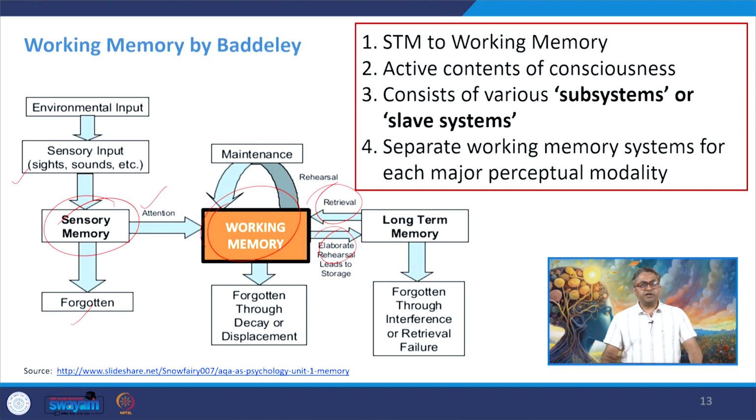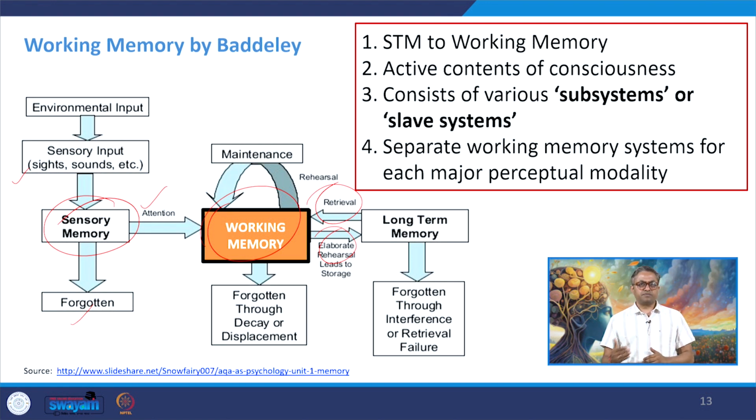While he was talking about the working memory system, he even proposed that it is not one component, but is comprised of different components. Initially he proposed these subcomponents or subsystems as slave systems, and these were 3 in number.